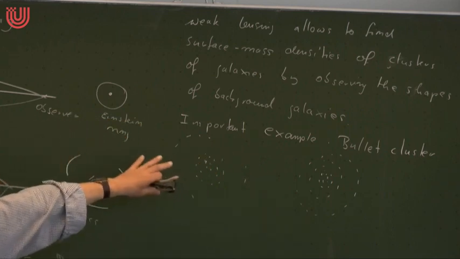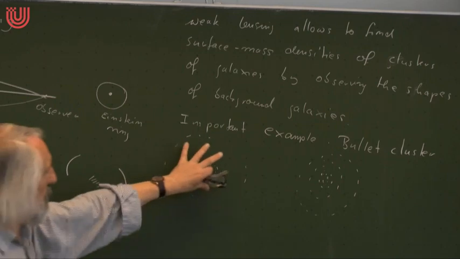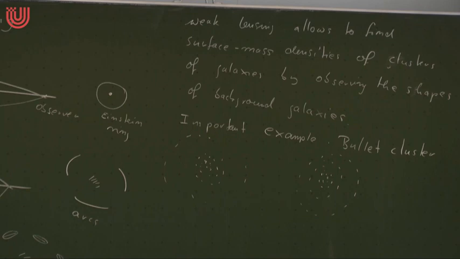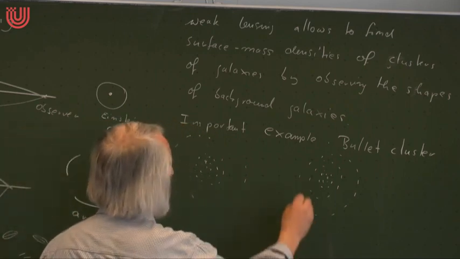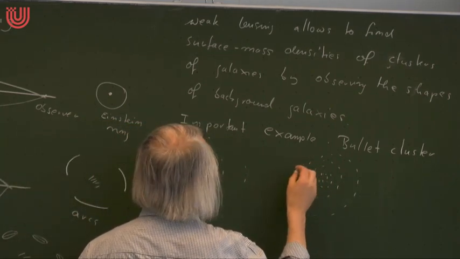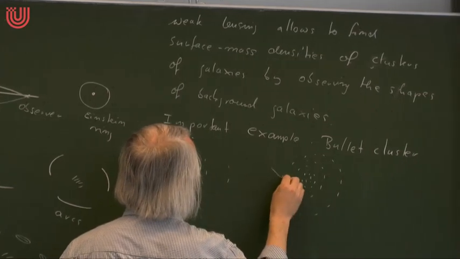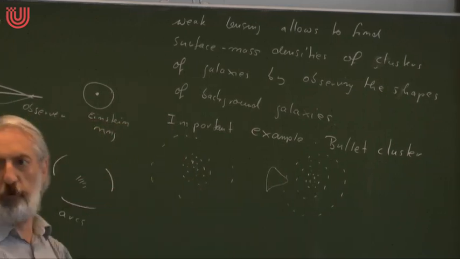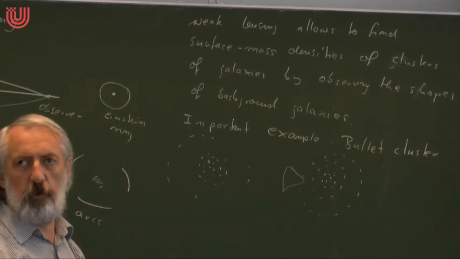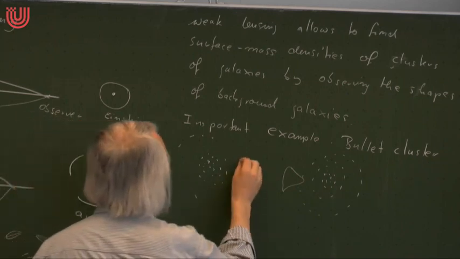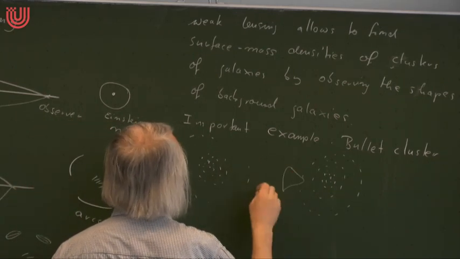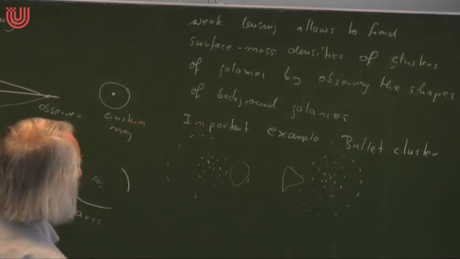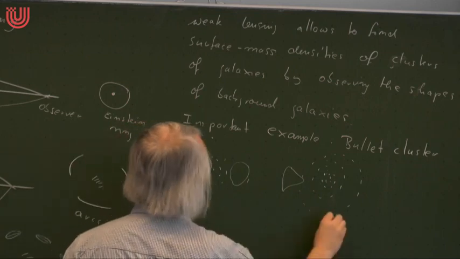So that's what you see with an ordinary telescope: just many galaxies here, many galaxies there, and background galaxies. And then you observe with an X-ray telescope, and you see a region emitting X-ray here, which has really the shape of a bullet, which rushes into some kind of matter. And this gave the name bullet cluster to the whole thing. And a similar cloud, not quite so strong, with a bullet shape around here. So these here are the galaxies.